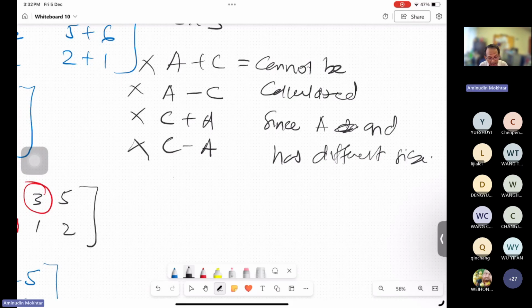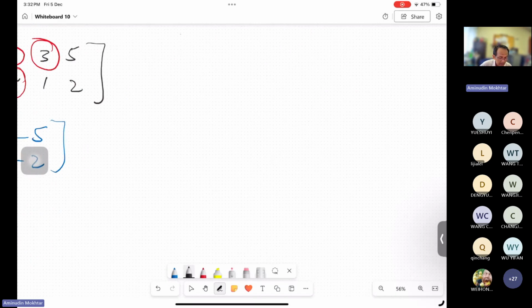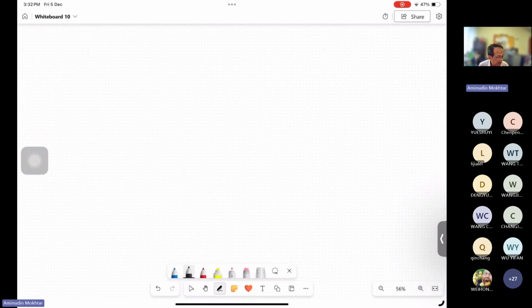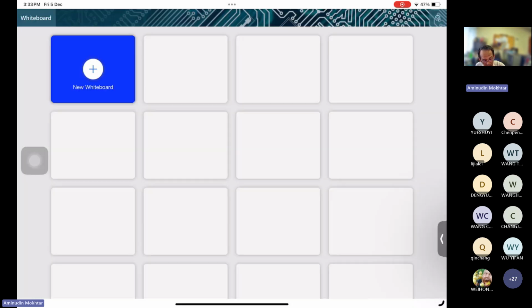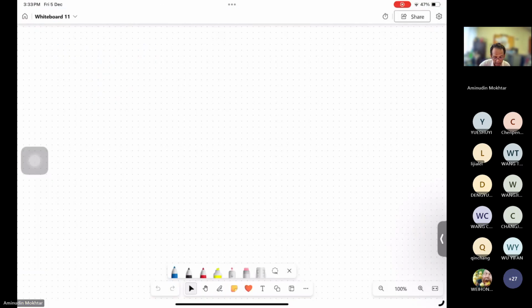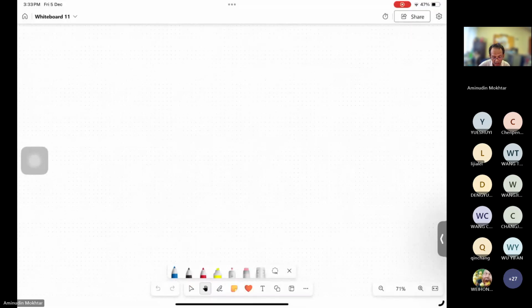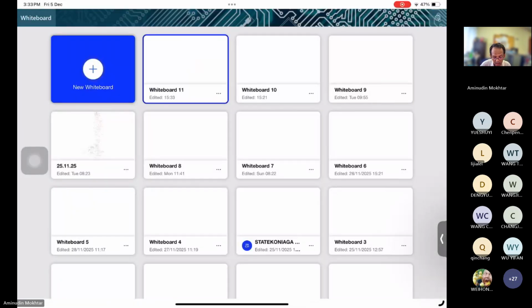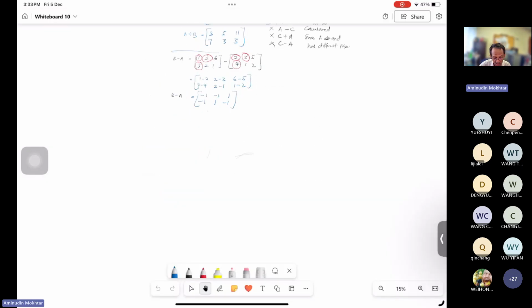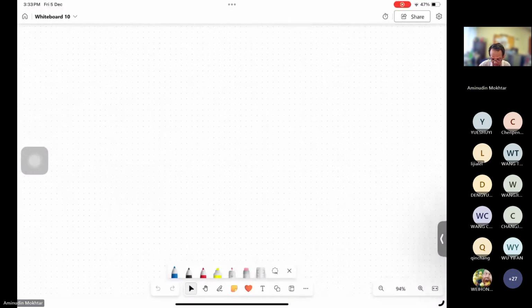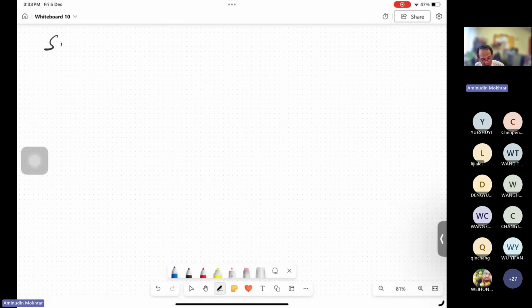Okay, the next one, please refer to page 3. What we call matrix scalar multiplication.